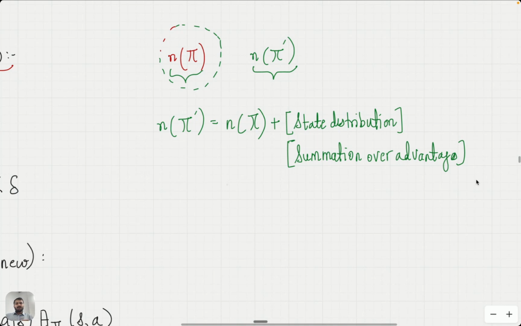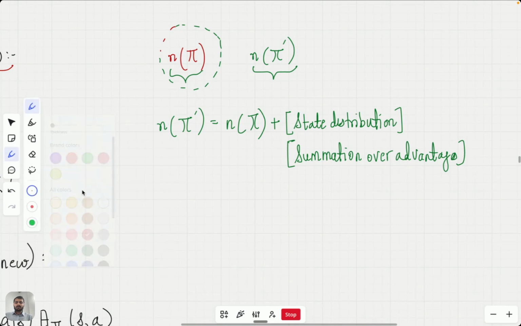And then for every state the agent has visited, you calculate the advantages and you sum all those advantages over. So now, this was our intuition and this is our true objective function which we want to maximize. So I am going to give a label of true over here.